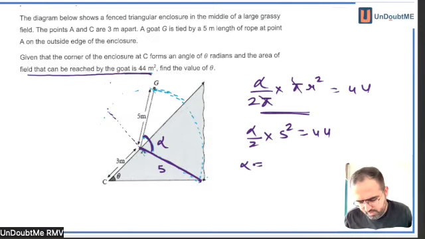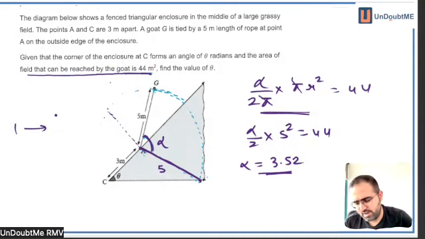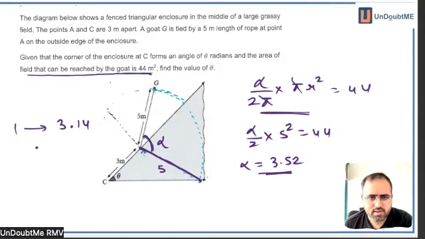88 divided by 25, that is 3.52 radians. If you want to convert that in terms of pi, how do we do it? Like 3.52 is how many pi? 1 pi is equal to 3.14.